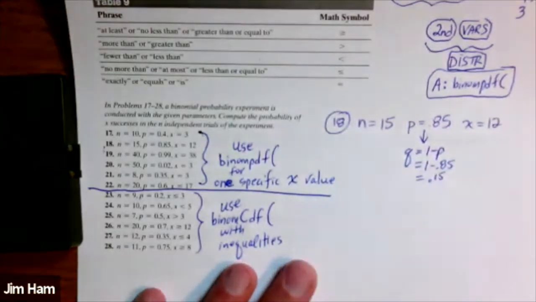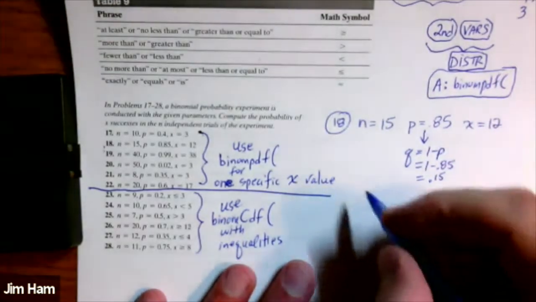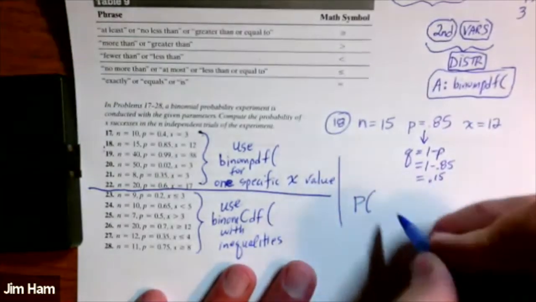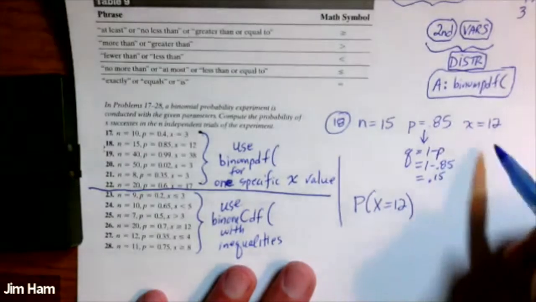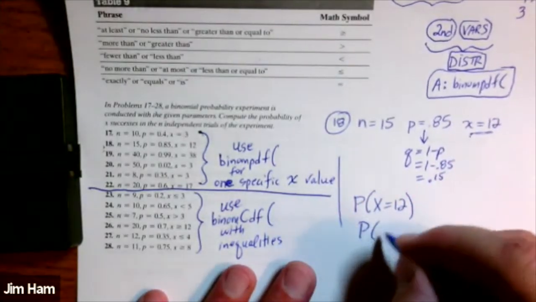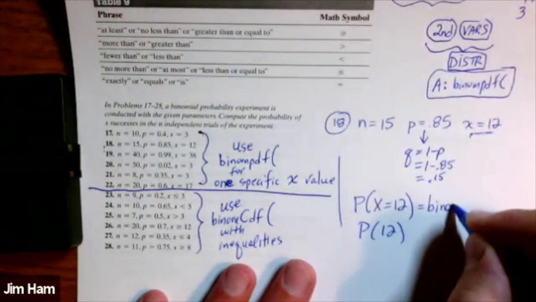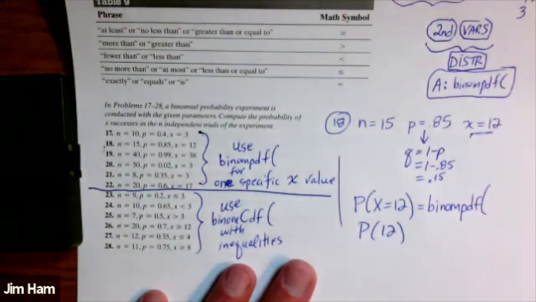This is the probability of a failure. Symbolically, they want us to calculate the probability that x is equal to 12. Here's our x value. Sometimes they'll just write it this way: the probability of 12. All right, binomial PDF, because this is one specific x value.